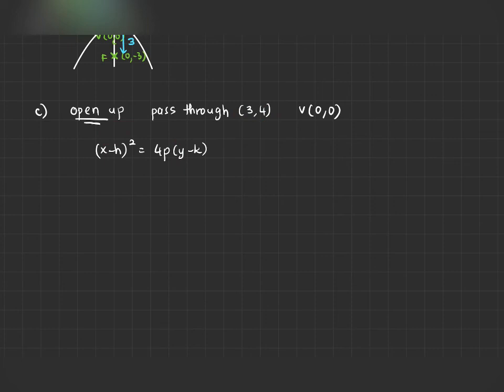So dekat sini kita akan masukkan 3 tolak kosong square sama dengan 4p 4 tolak kosong. So ada 9 sama dengan 16p. So p will be 9/16. So ini kita boleh kecilkan lagi lah. Okay, so here kita gantikan dalam kita punya equation.